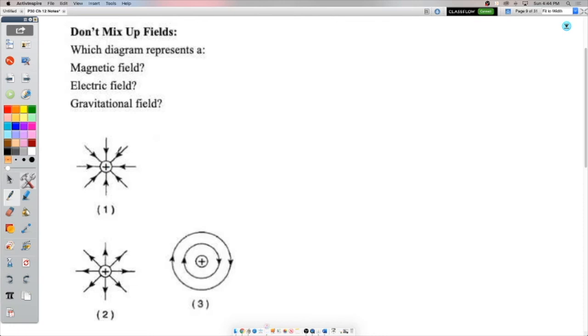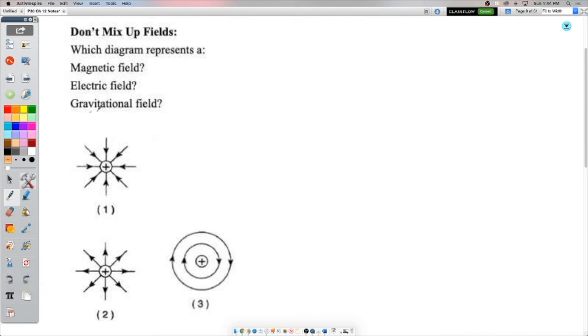How do we find the direction of electric field? We define it as the direction of the force a positive test charge would feel. Are you telling me if I put a positive charge there, it would feel a pull towards this? No, it would feel the opposite. It would be pushed away, like repel. So that cannot be an electric field.